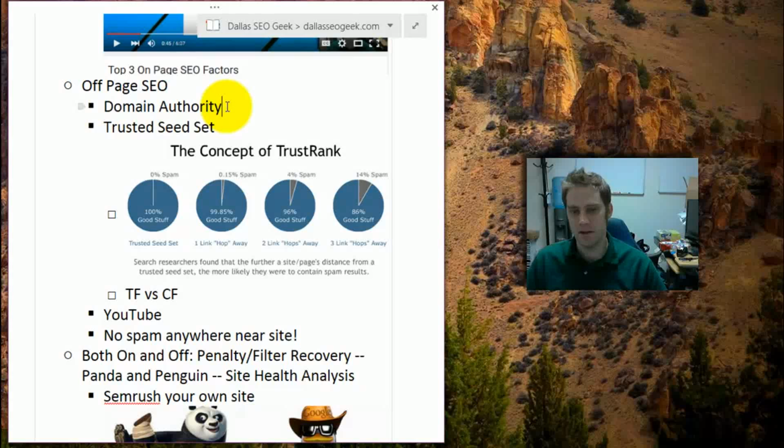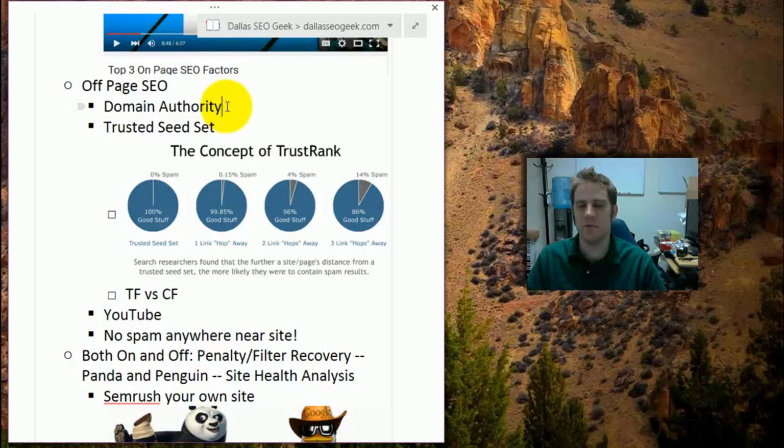Now, domain authority isn't everything. There's an interesting concept called trust rank or trust flow, or the trusted seed set. Essentially, there was a study done a while back on how close sites were to a trusted seed set of sites.